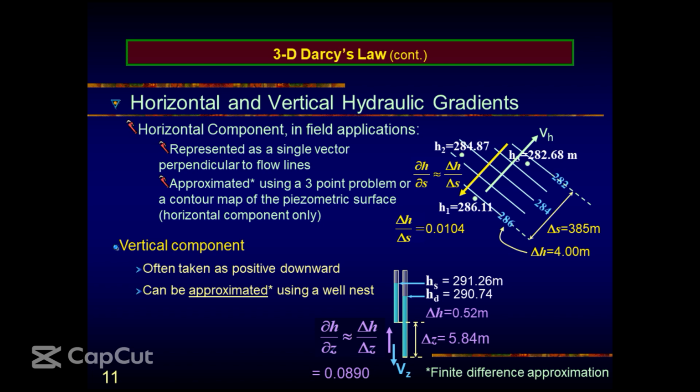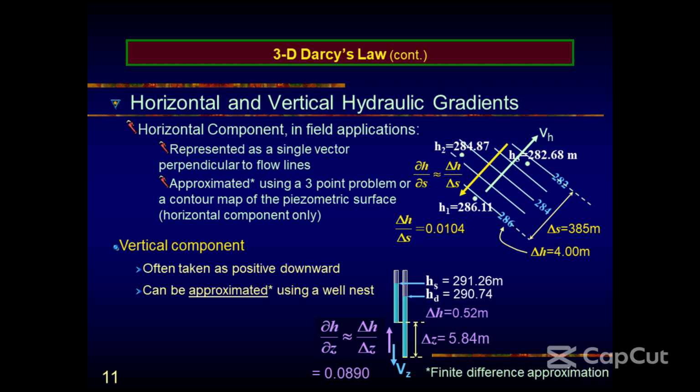Now water table, he said for unconfined, then phreatic surface. So that has to do with artesian well.